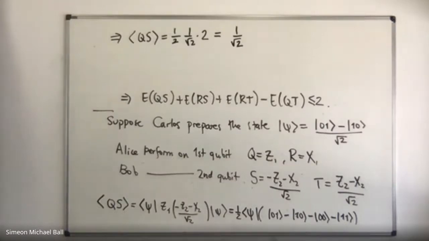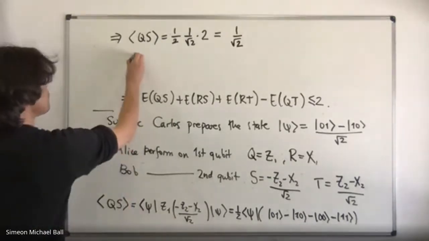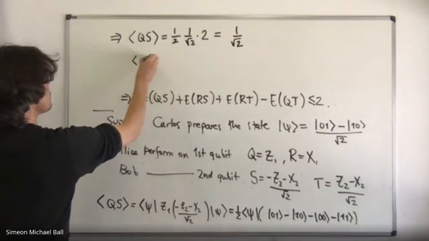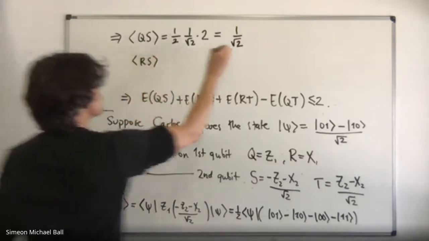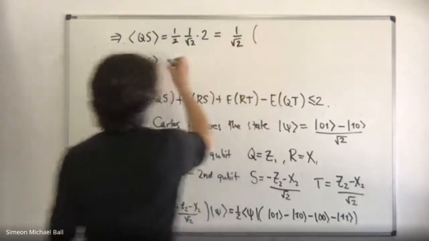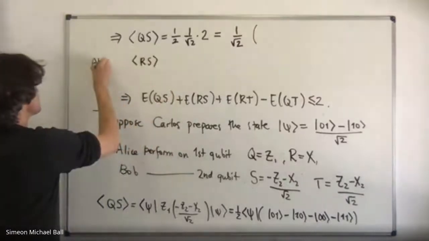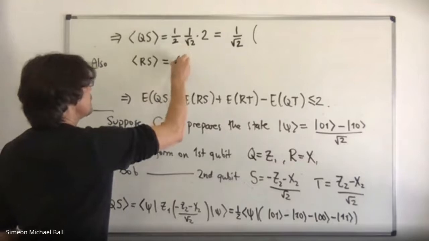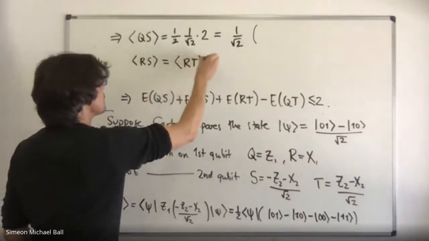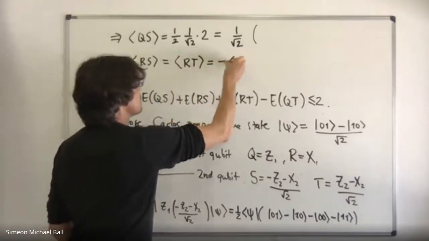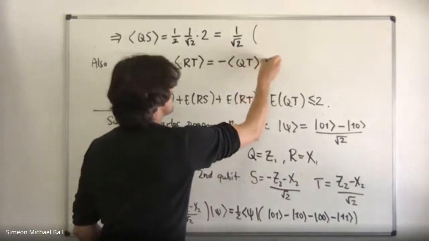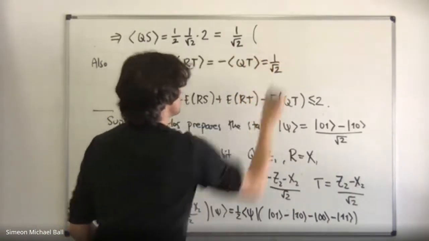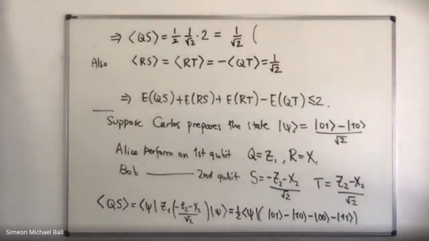And it so happens, and it will be one of the exercises, to show that the other ones are also 1 over root 2, and RT is equal to 1 over root 2.